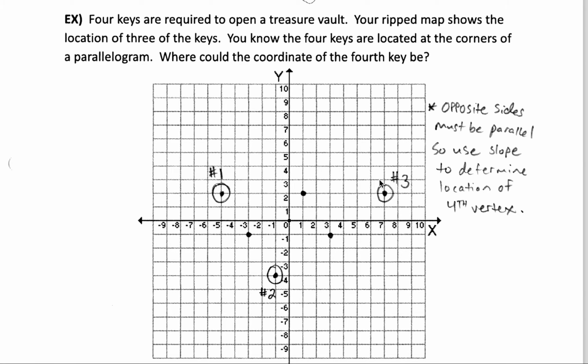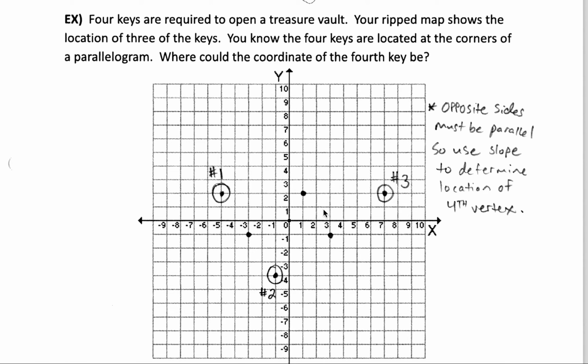So we're going to have some coordinate over here. We know that this side right here is going to be parallel to this side. So let's find the slope between these 2 points. We're going up 3, right 4. So let's repeat that. Up 3, right 4. And we found another location of a possible vertex.